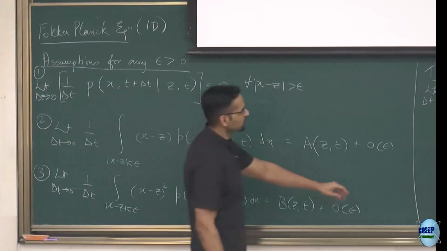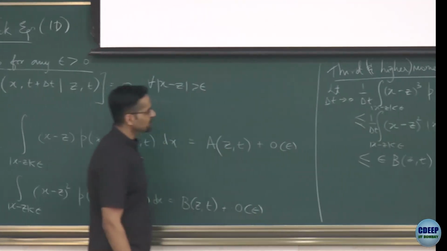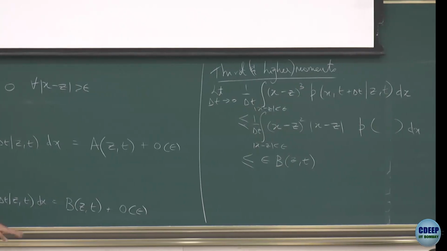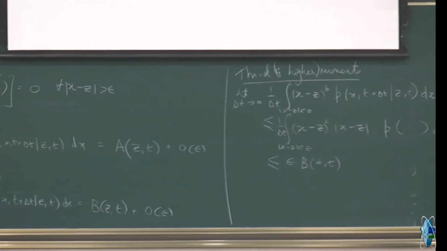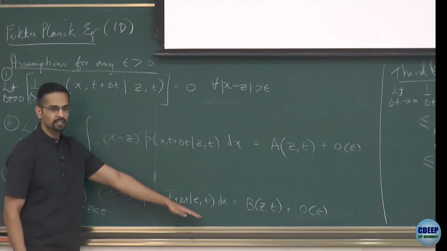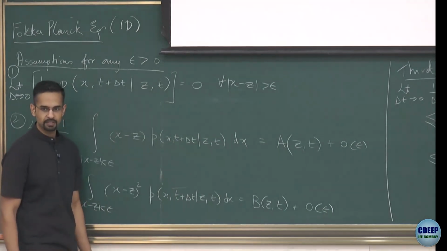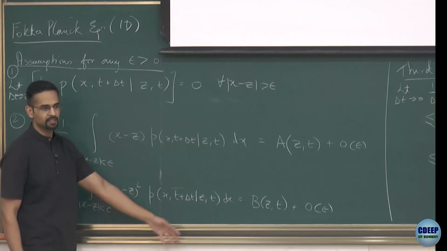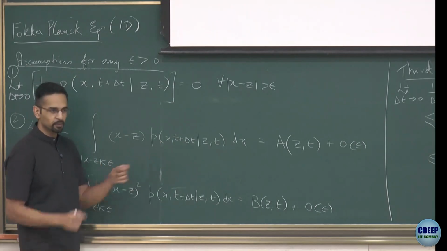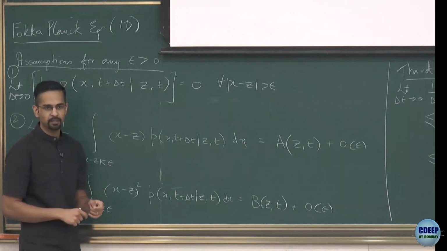This is very nice because it tells us that we don't have to think about the higher order moments. They will all be small. When epsilon is taken to 0, all those terms will drop out. I'll only be left with a velocity and some kind of diffusion coefficient. These are basically the definitions, if you like, of this velocity and diffusion coefficient if I'm monitoring a process in a small time interval.